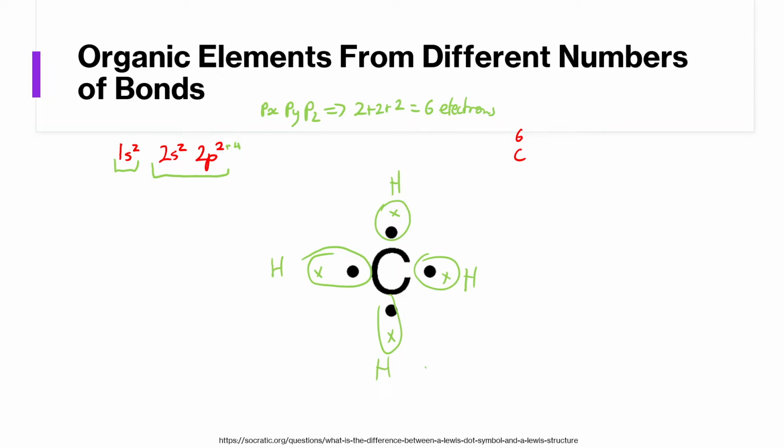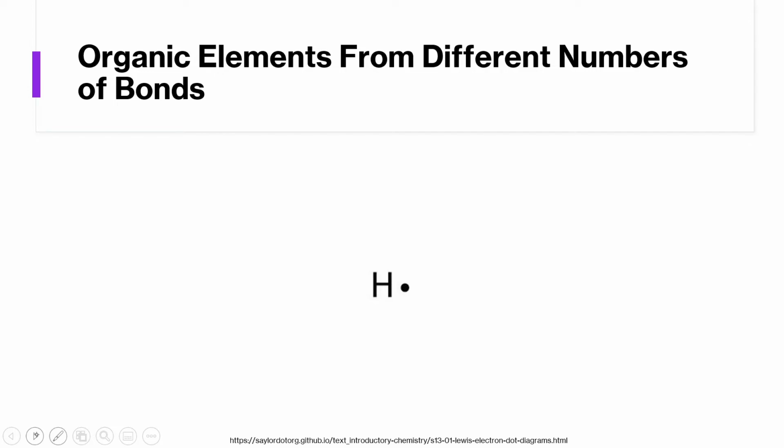This, as we saw before, is methane. And what we see that is the most important is that carbon needs to form 4 bonds to become energetically stable.